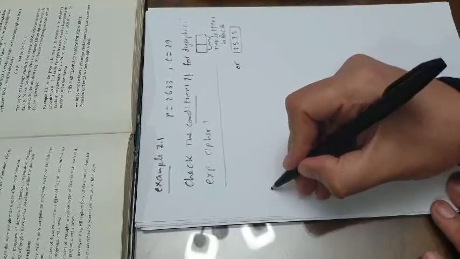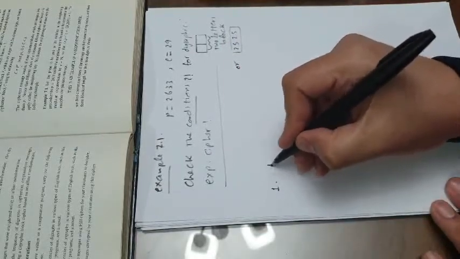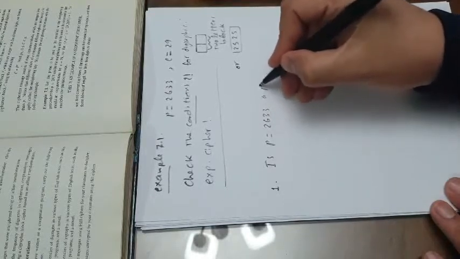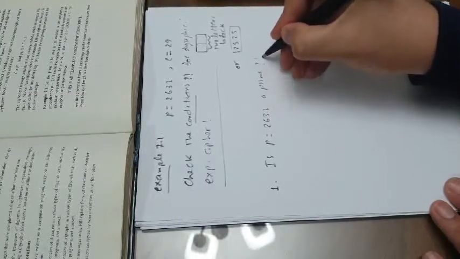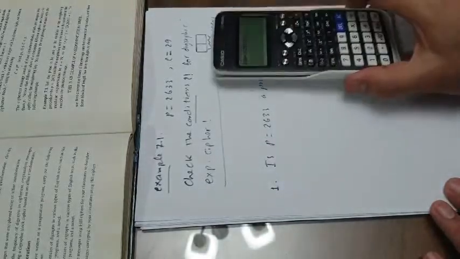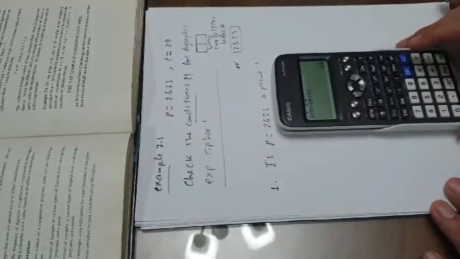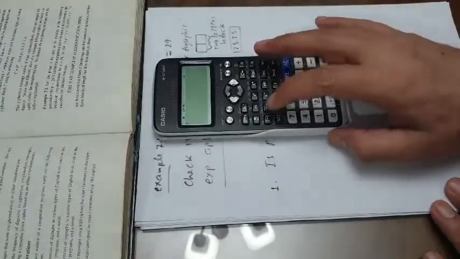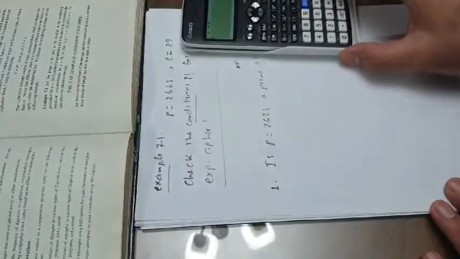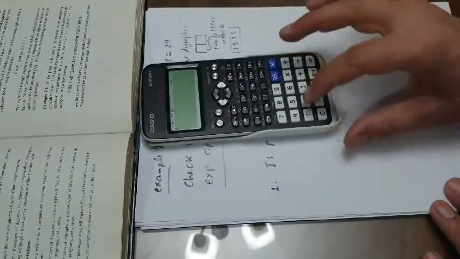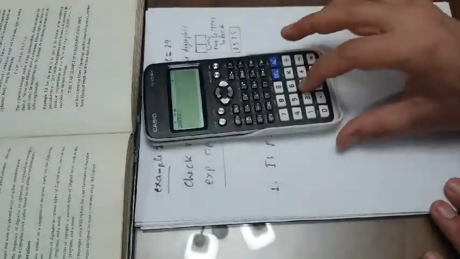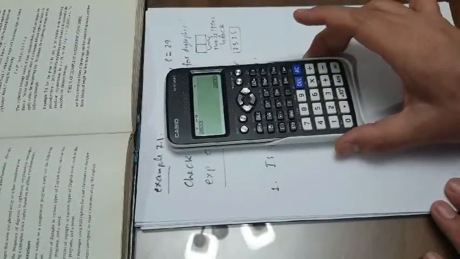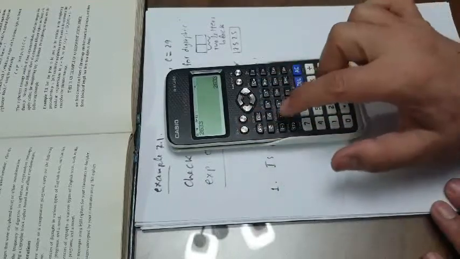So condition 1, is P a prime number? Is P equal to 633 a prime? How to know? If we have the table of the first few primes or 500 primes, we will see this. And if we have the calculator which makes the factor operation, we can check 633. We write it, enter, and then check the factoring.